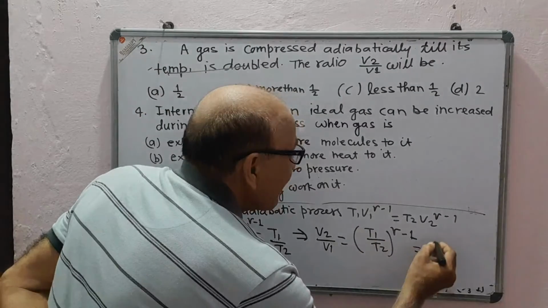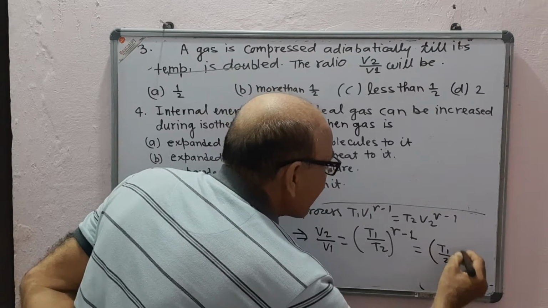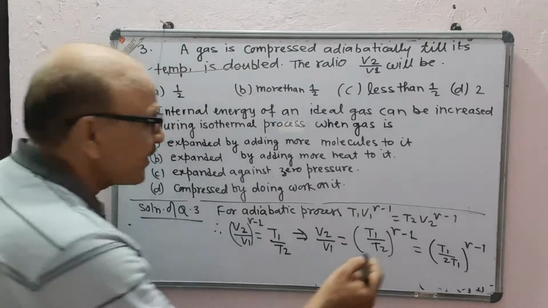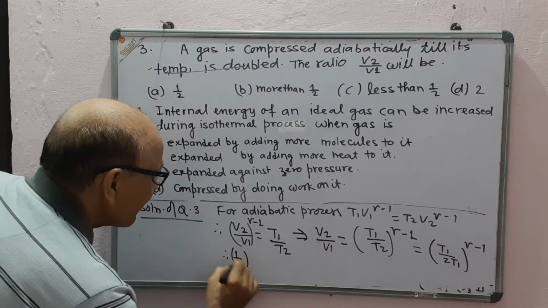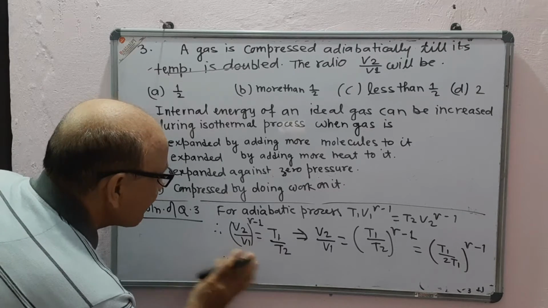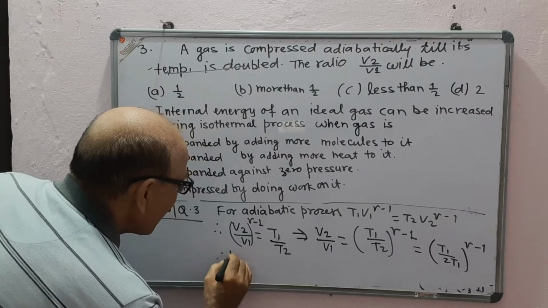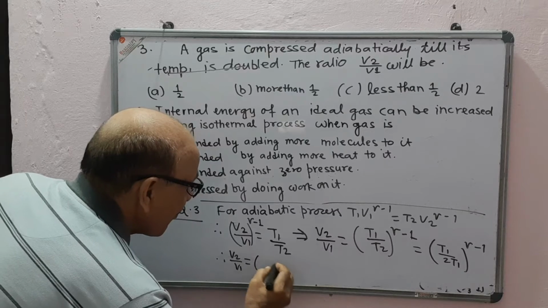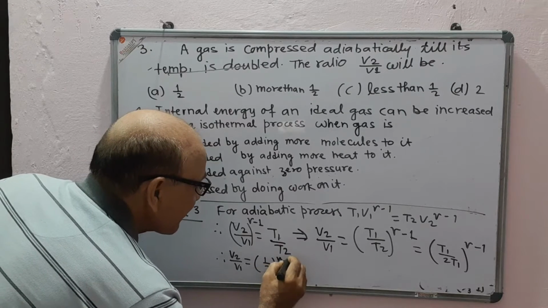According to the question, T2 is 2 T1, so T1 upon 2 T1 to the power 1 upon gamma minus 1. T1 cancels, therefore V2 upon V1 will be equal to 1 by 2 to the power 1 upon gamma minus 1.